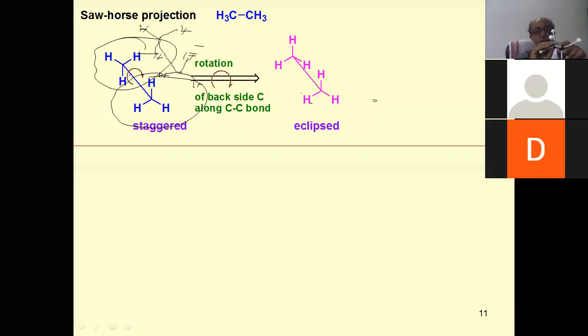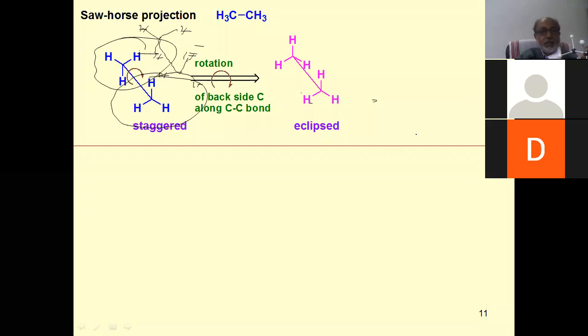The other one is having the CH above, then this is on the right hand side, this is on the left hand side. But if you see here, the position of these hydrogens and this CH, it is falling in the middle, right?